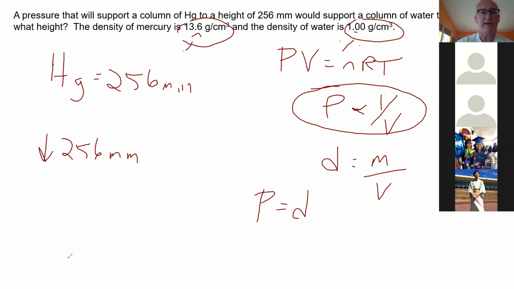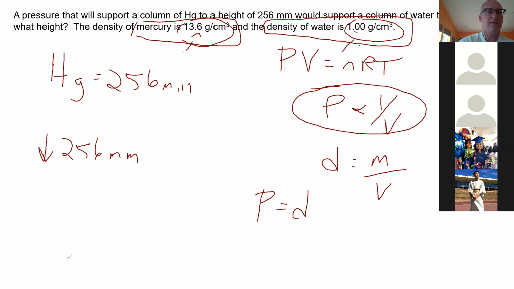So have a look over here, and our density of mercury is this much. The density of water is this much. So basically the pressure on both has to be the same.